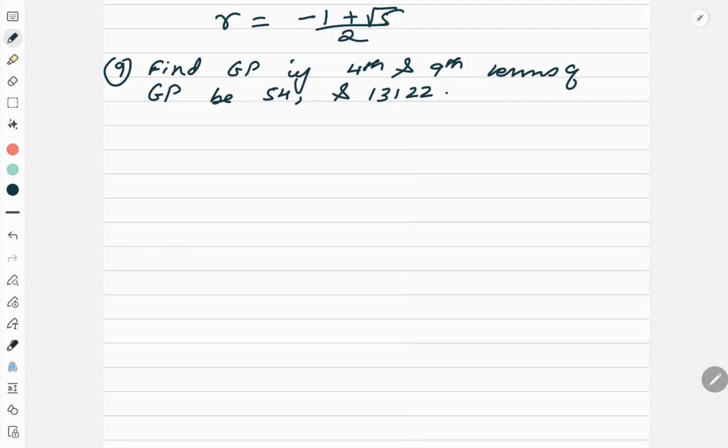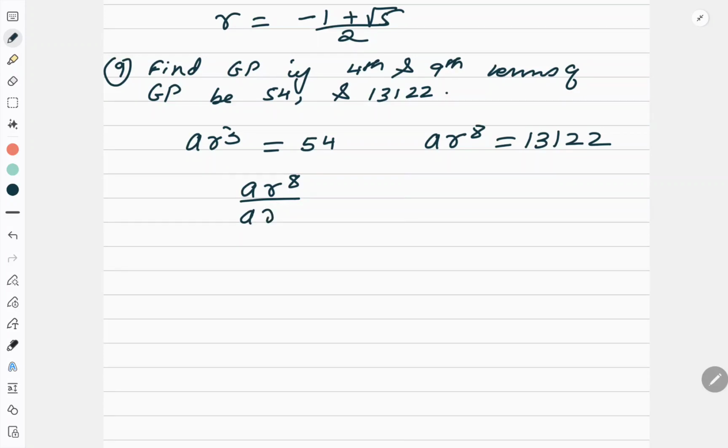Find GP if fourth and ninth terms of the GP be 54, 13122, right? So now they have given me fourth and ninth term. Fourth term means what? AR cube is equal to 54. Ninth term means AR to the power 8 is equal to 13122. Correct? So now AR to the power 8 upon AR cube is equal to 13122 upon 54.